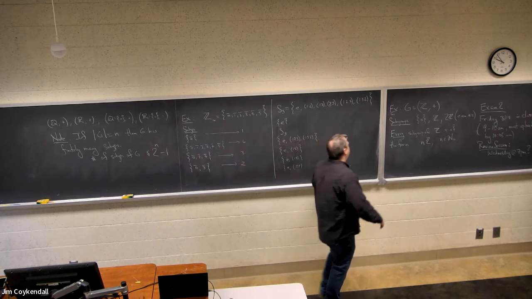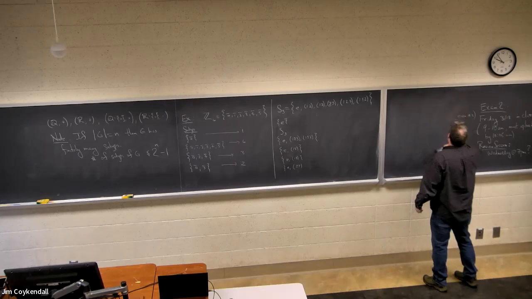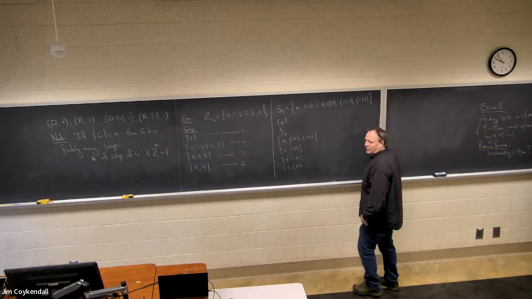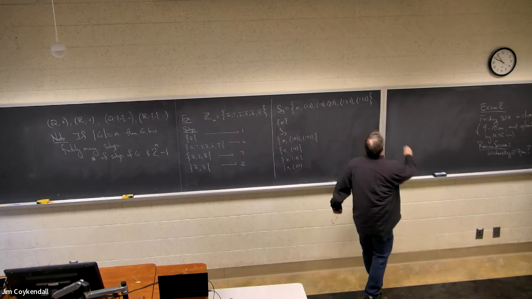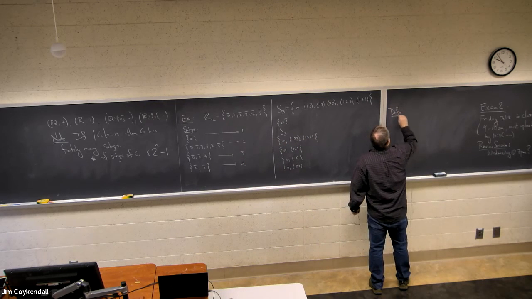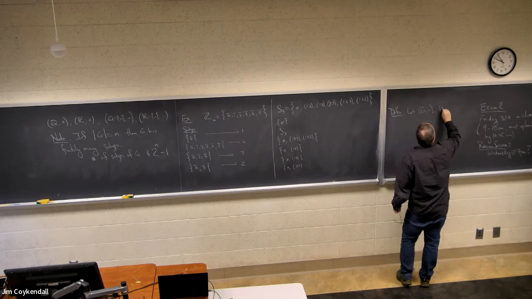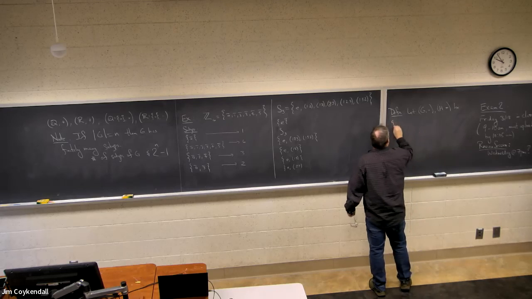I'm going to give you one last definition, because I want you to think about this, and I want you to think about where you've actually seen this before. You've seen one of these structure-respecting functions before. Definition. Let G with operation circle and H with operation star be groups.